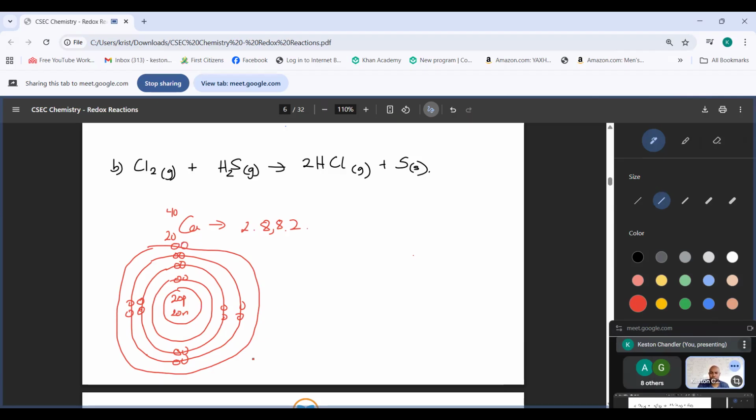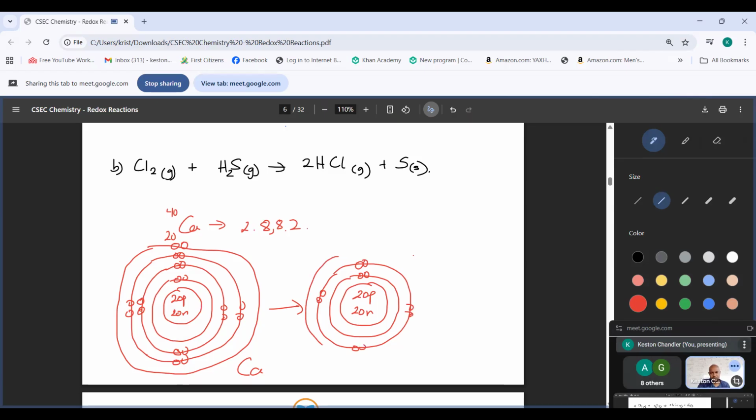The fourth shell has 2. So this is calcium. Now if calcium loses its outer shell electrons, you're left with a completely filled outer shell, because you're going to lose that outer shell with the 2 on it.